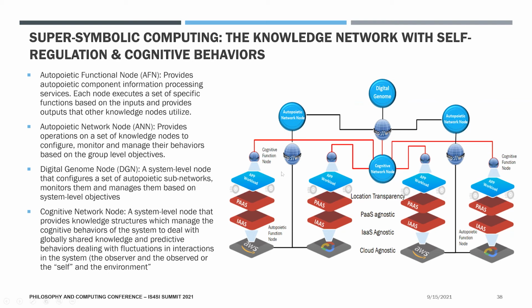These modulate how you are going to use your application, which resources you are going to use, how you are going to manage the resources, and so on. By using this model and implementing this super symbolic computing, which is represented in blue, we can provide location transparency for any application. It becomes completely path agnostic.